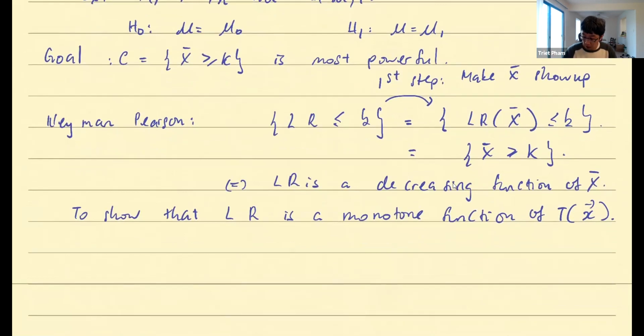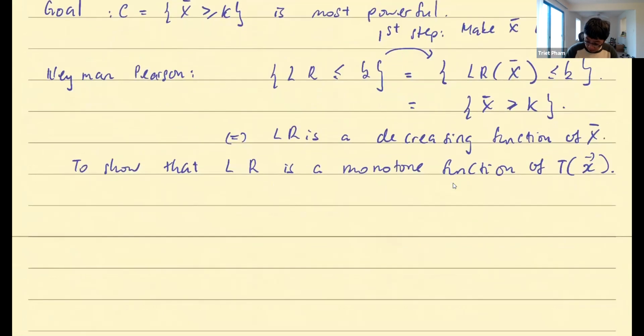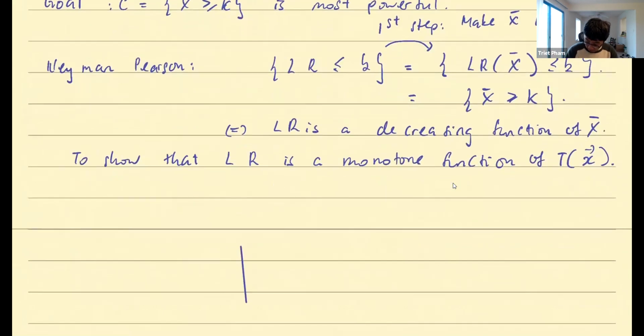By the way, the explanation for this one is the following picture. I think I drew it last time. Think of it like this. So here's your X bar. This is your likelihood ratio depending on X bar. So you see, this is your level K. And exactly this is your little k.